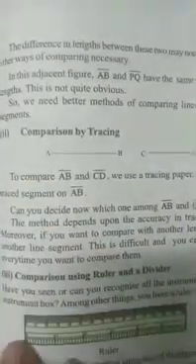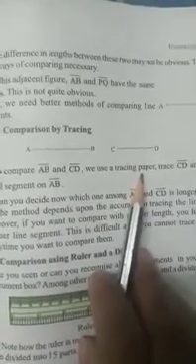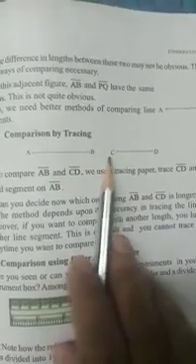So let's move on to another method, which is comparison by tracing. In this method we use tracing paper. You take a tracing paper and first put it on the first line segment, then on the other one, and then you compare.